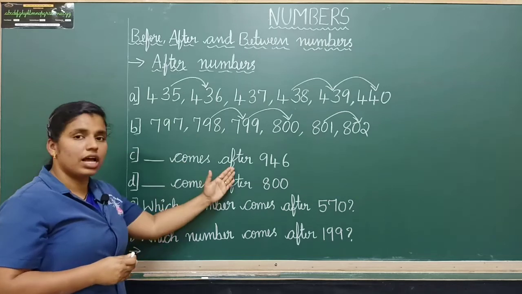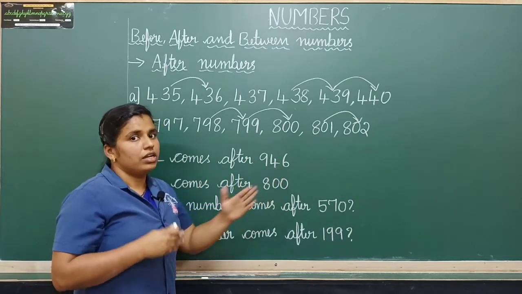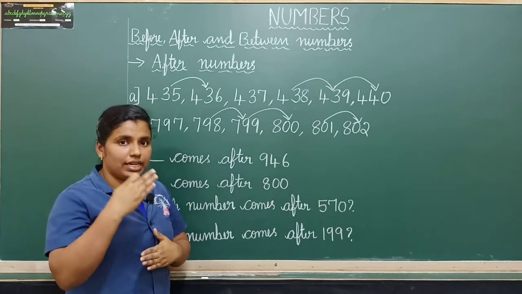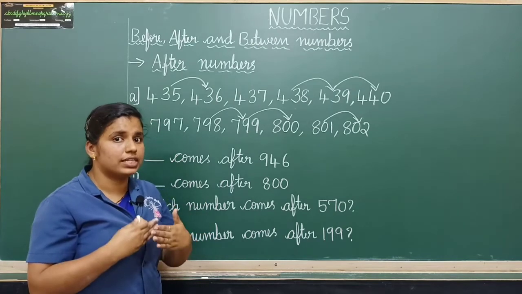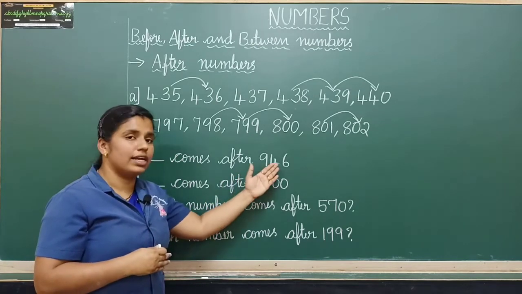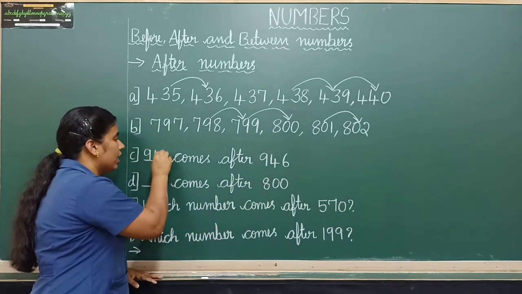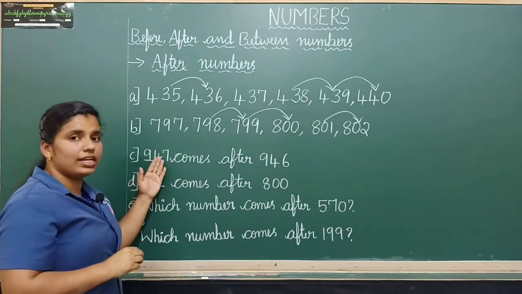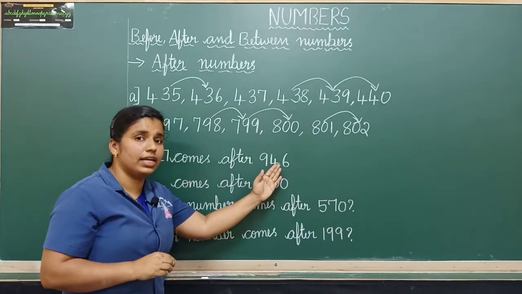Dash comes after 946? 946, 947, 948. And the first next number of 946 is 947. 947 comes after 946.